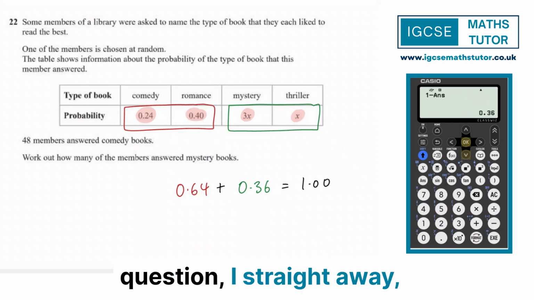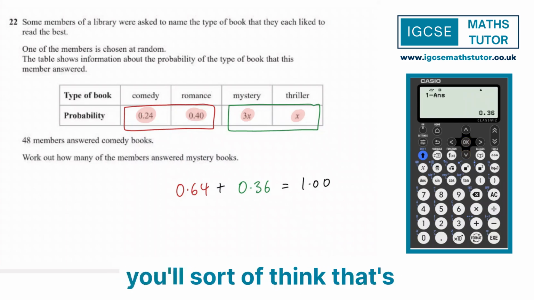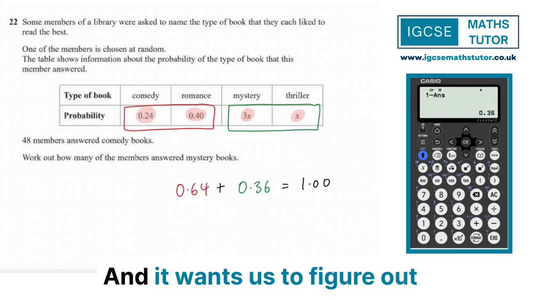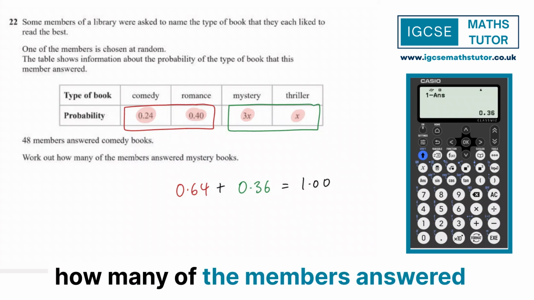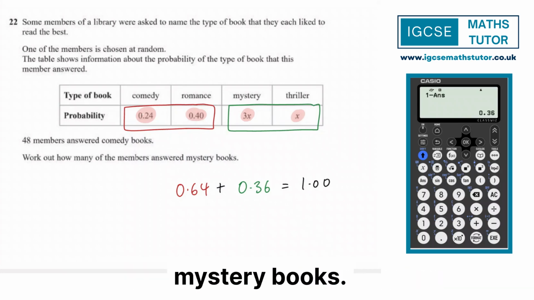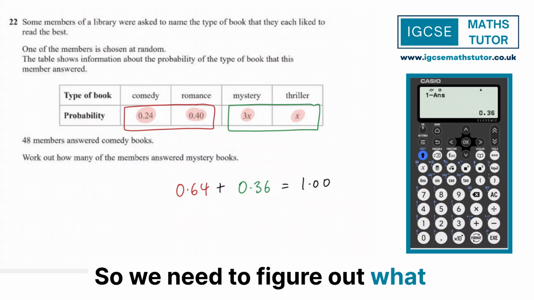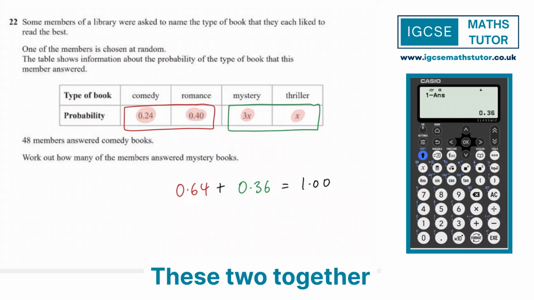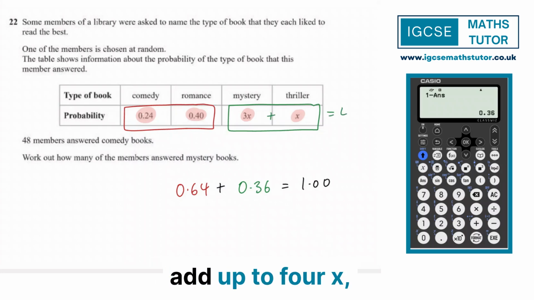Without even reading the question, if you do enough of these, you'll sort of think, that's what should happen. And it wants us to figure out how many of the members answered mystery books. So we need to figure out what probability is mystery. So we've got to do a little bit of algebra here. These two together add up to 4x.